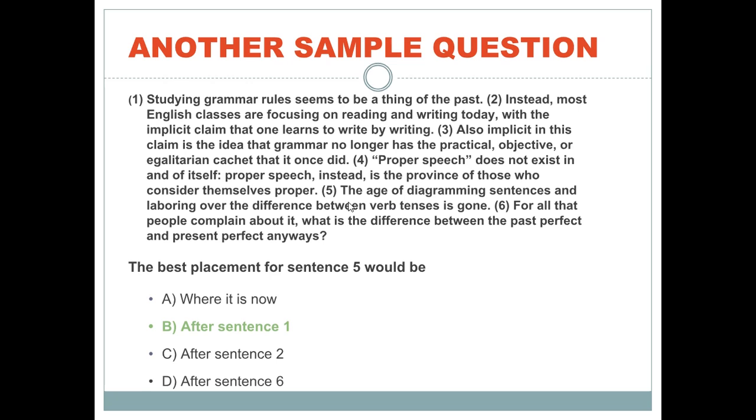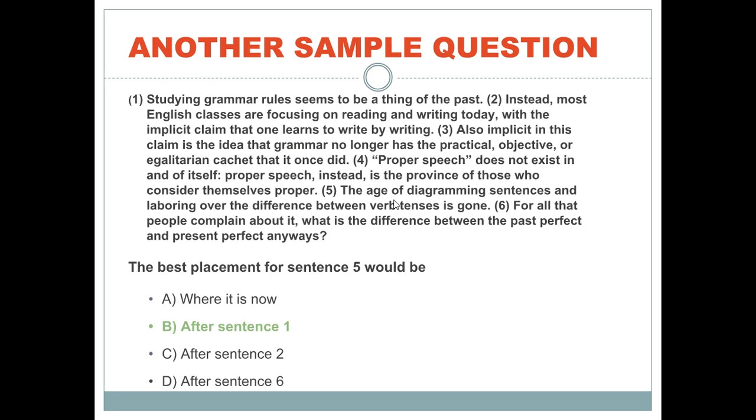So if we look at sentence 5, does it fit where it is now? The age of diagramming sentences and laboring over the difference between verb tenses is gone. Let's think what's happening before and what's happening after. Well, what's happening before is that we're talking about proper speech and that it's just the province of people who consider themselves proper. And that doesn't really connect to the age of diagramming sentences.